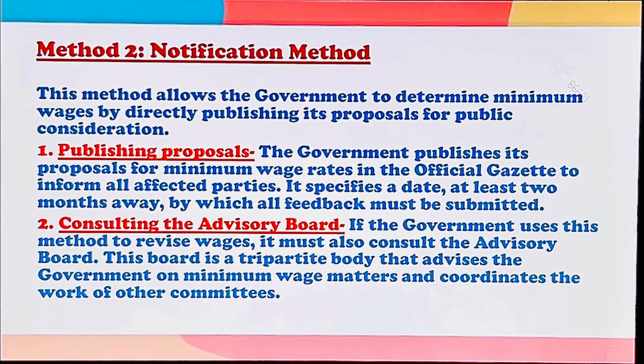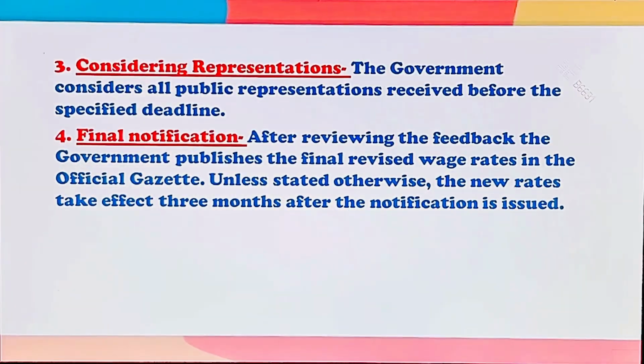Second step is consulting the advisory board. If the government uses this method to revise wages, it must also consult the advisory board. This board is a tripartite body that advises the government on minimum wage matters and coordinates the work of other committees. Third step is considering representations.